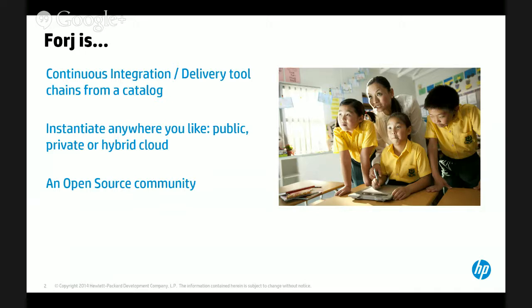Forj is all about choosing the stack that you like to use. So it can be a number of criteria which I'm going to talk about, but choosing the stack and let Forj mechanics install it for you where you want. So on a public cloud, on a private cloud, or something that is in between, with a little bit of SaaS and a little bit of private and a little bit of public.